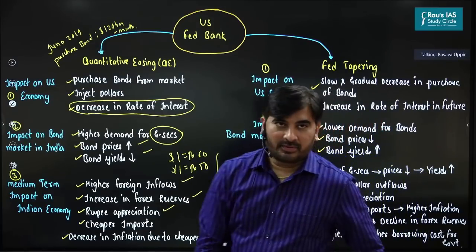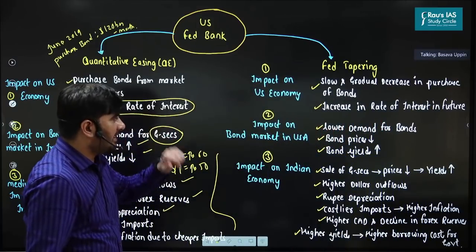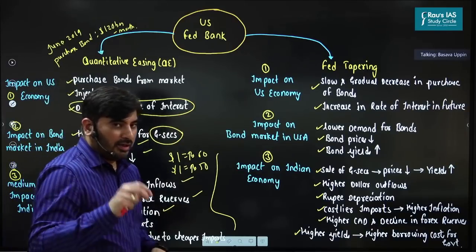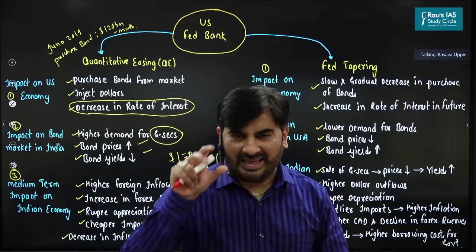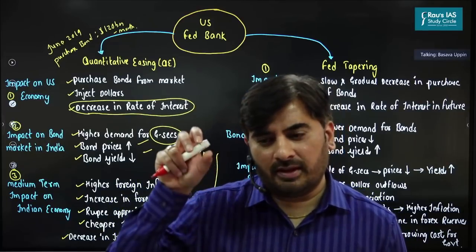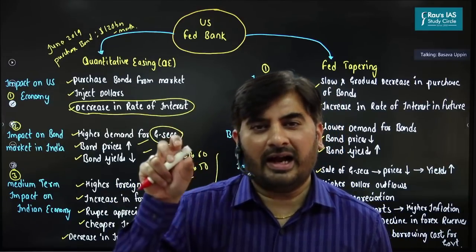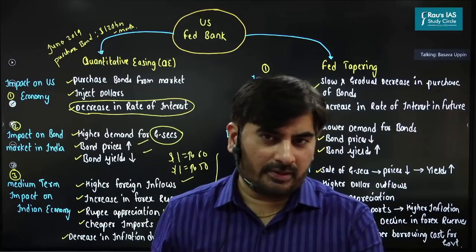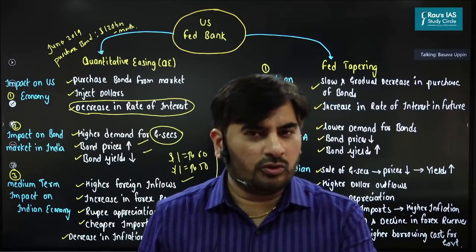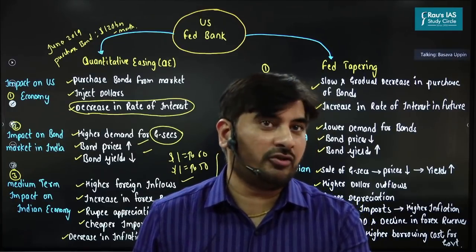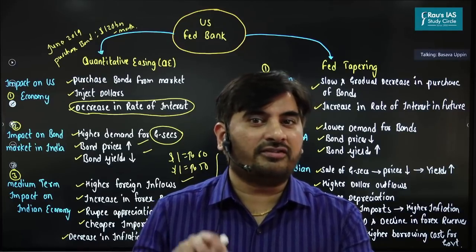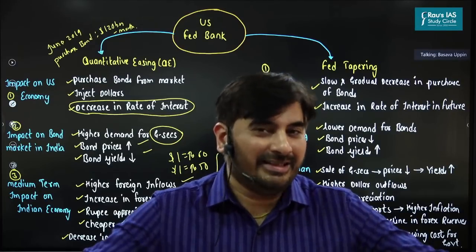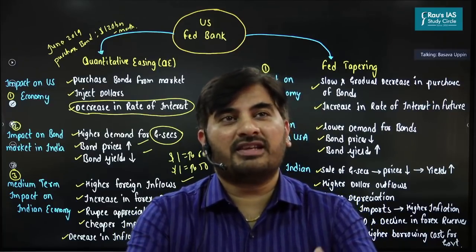Now what has happened is the US Fed Bank has announced that it will adopt Fed tapering. So far, every month, US Fed Bank was injecting dollars worth $120 billion every month. Suddenly, if you stop the injection of dollars, don't you think there will be liquidity shocks in the US economy? So suddenly we cannot stop the purchase of the bonds. So what we do is slowly and gradually we start reducing the purchase of bonds.